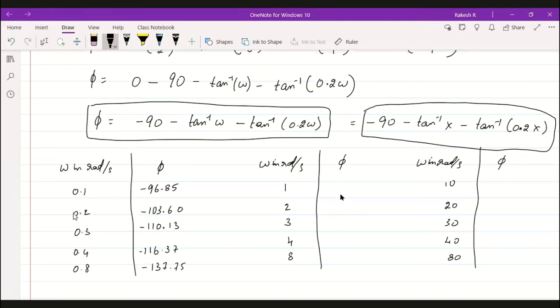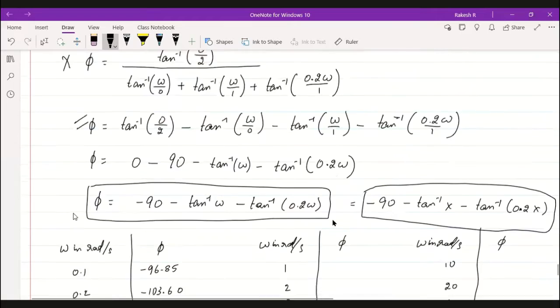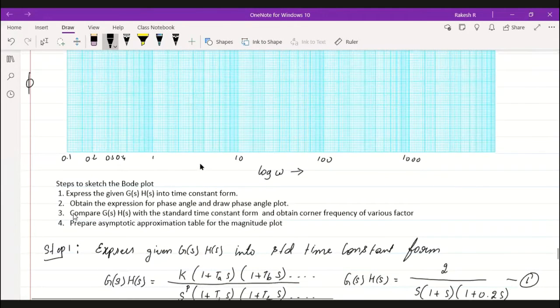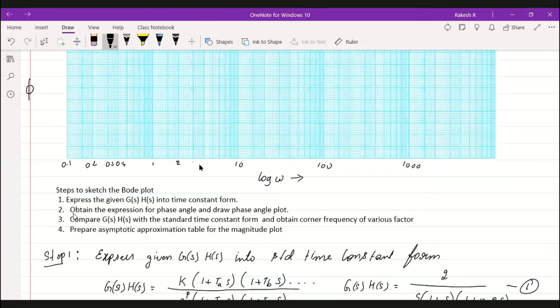Someone is asking a doubt. For omega, we can randomly select any 5 values. See why I am taking this as 1, 2, 3, 4, because when you see the graph, 1, 2 is large enough, 3 is also large enough, 4 is also large enough, right? And 8 will be somewhere here. So drawing will be easy for me.